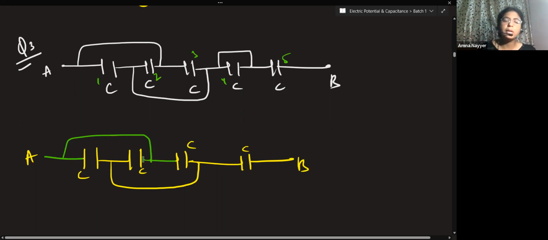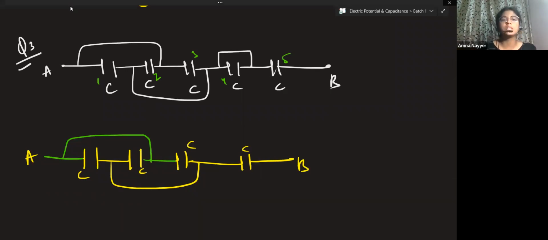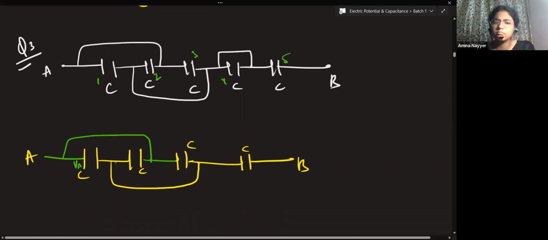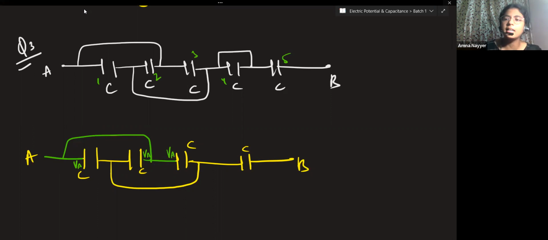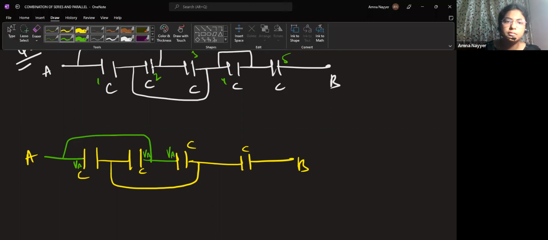Now here also I'm getting a capacitor, here also a capacitor, here also a capacitor was there. It means this was the total VA that is possible. So this side will be VA, this won't be VA, because this is not a part of that voltage A. And then this side will also be VA, this side will also be VA. First tell me, is this clear? Especially Khalid, you tell me. Clear?